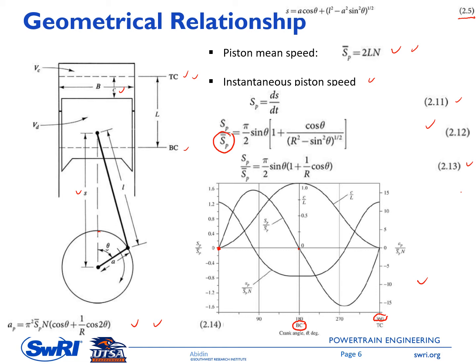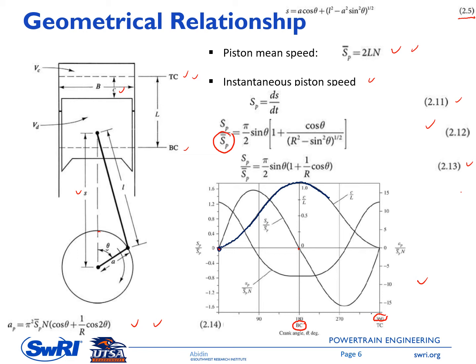The first one, in blue, is the plot for C over L. C equals 0 when the piston is at top center, and C equals L when the piston is at bottom center.